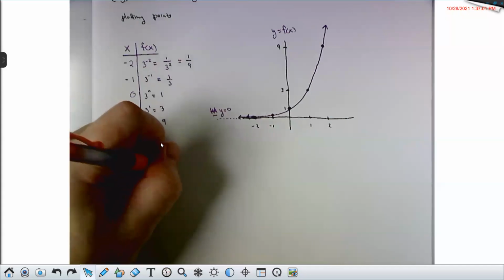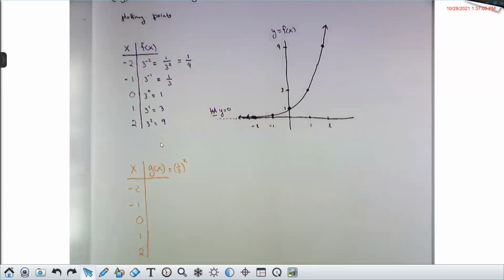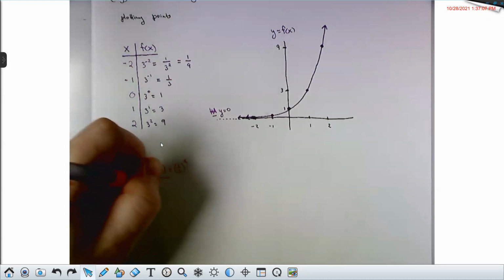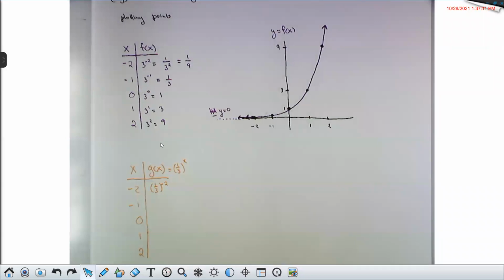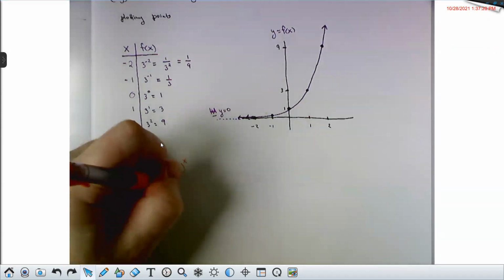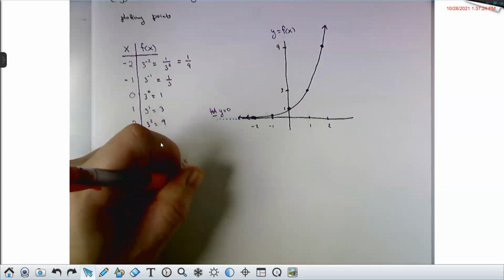Remember, g of x is 1/3 to the x. So g of -2 would be 1/3 to the -2, which is the reciprocal of 1/3 to the 2. In other words, that's 3 squared, or 9.